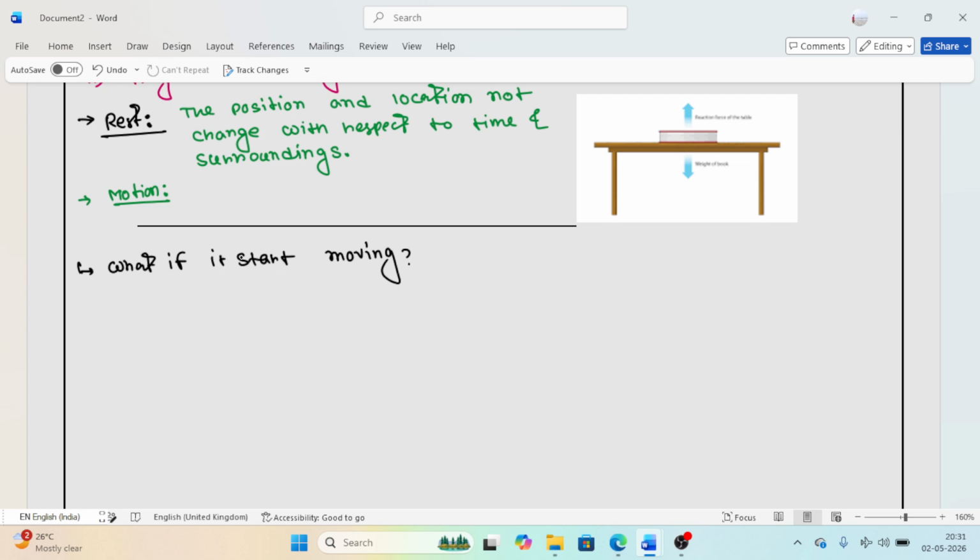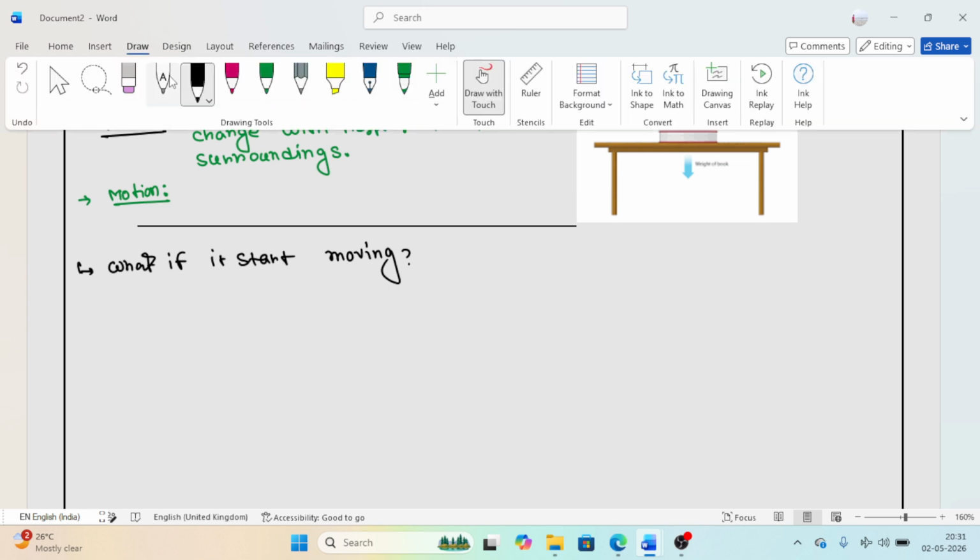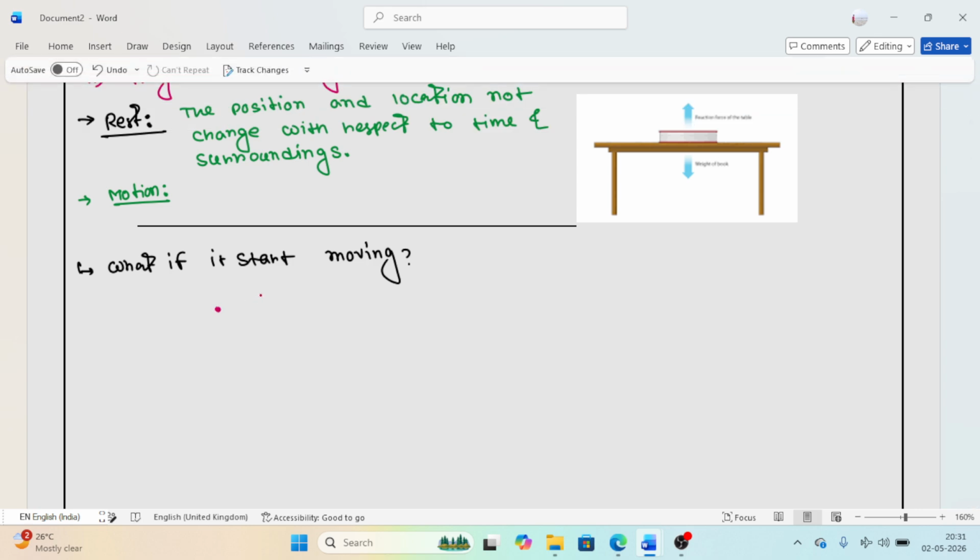That means something will change. So then you can say that change is called acceleration, right? Acceleration.